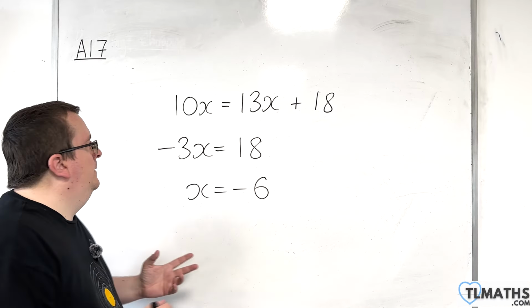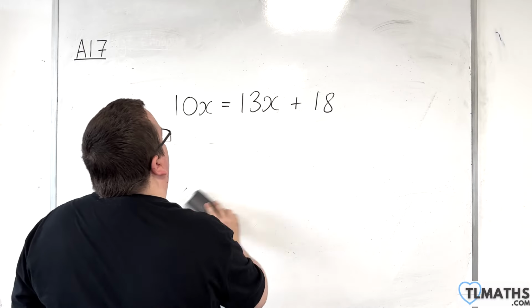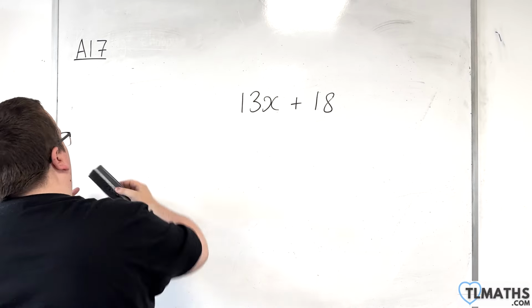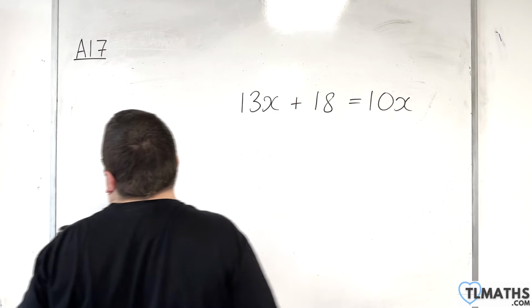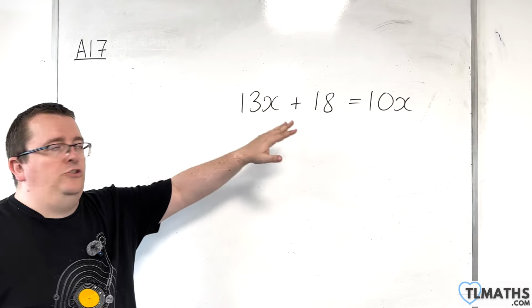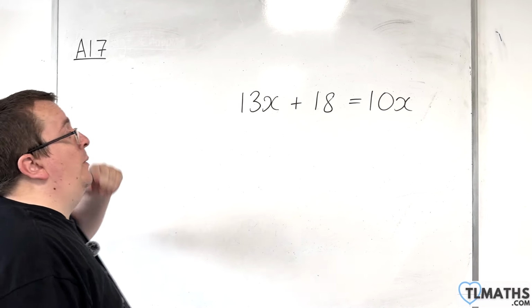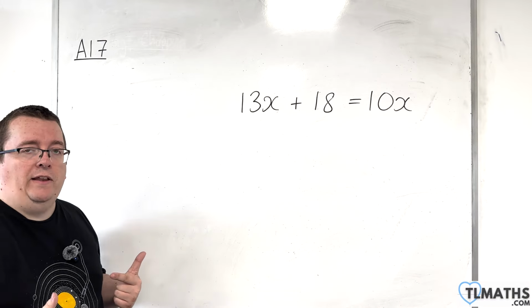Okay? And it doesn't matter if the term is on that side or it's looking like this. Okay? This is precisely the same equation. It's just I've rewritten it, so I've got the 10x on the right-hand side and the 13x plus 18 on the left-hand side.